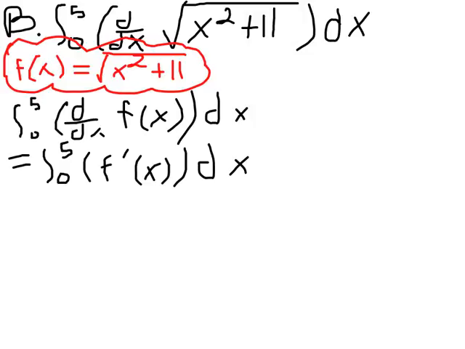Now to evaluate this integral without using a calculator, we're going to find the indefinite integral, which brings that the indefinite integral of f prime of x is just f of x. So the indefinite integral is f of x with the boundaries from our original definite integral, 0 to 5.